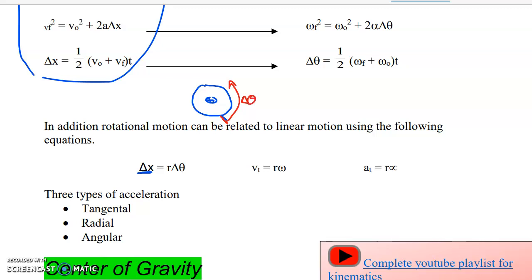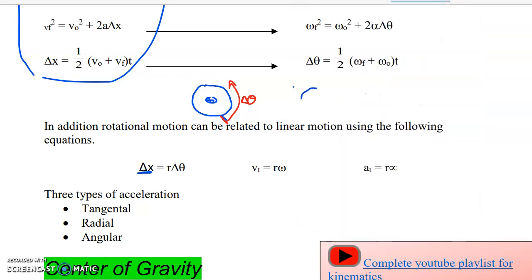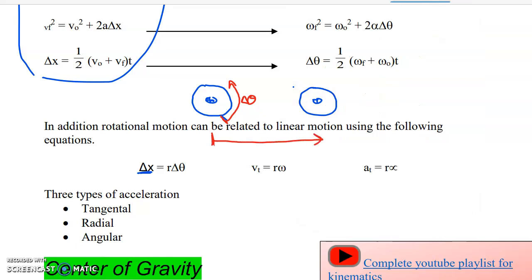If you can imagine this rolling on the ground, that object will actually end up moving some distance. That would be what we call its linear displacement, or what we know as just displacement.